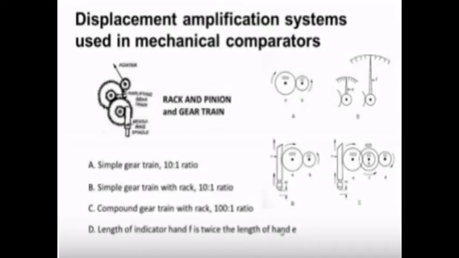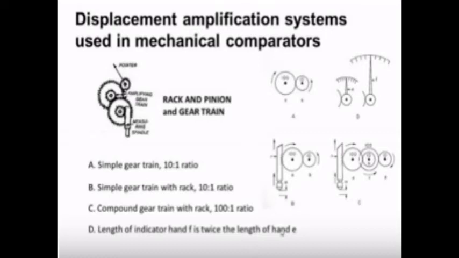The different amplification systems used in the mechanical comparators include rack and pinion, and gear train. We can see the spindle, the contact spindle which contacts the workpiece. When the workpiece is placed between the table and the spindle, the spindle will move.